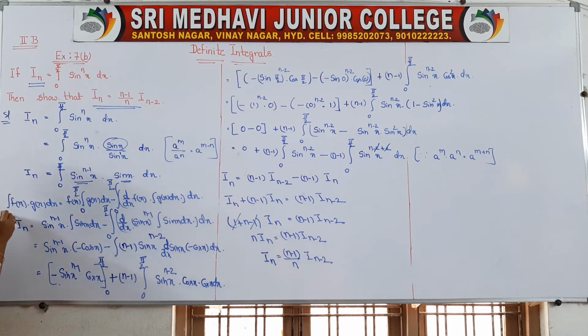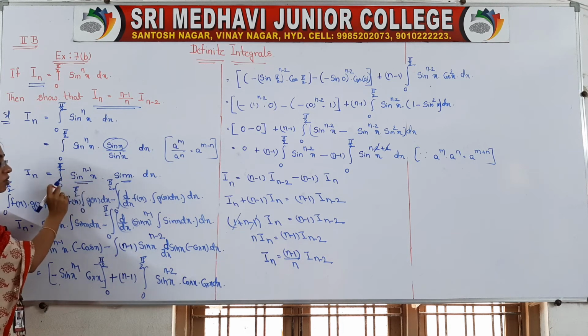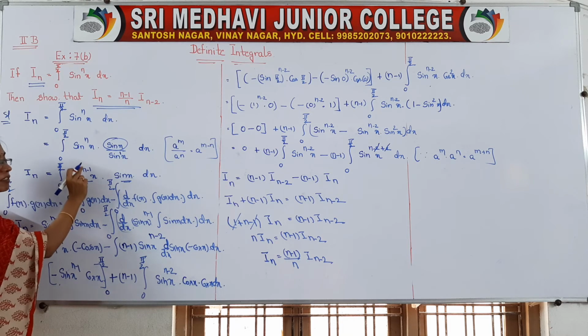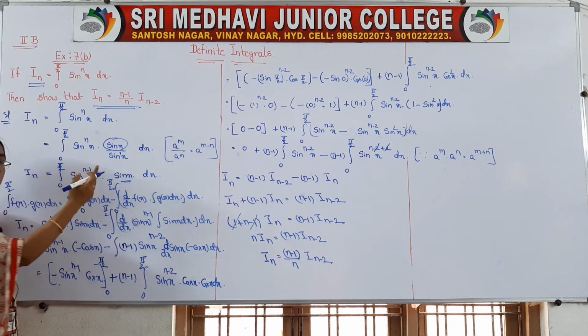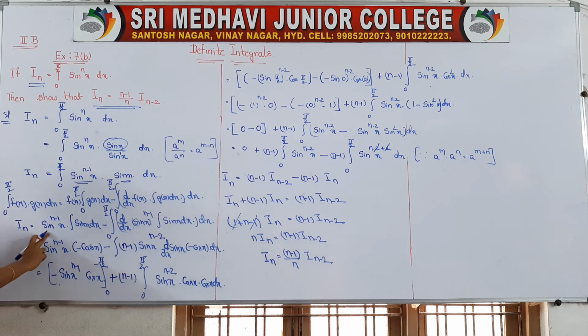Suppose we take for this the limits 0 to pi by 2, it comes like that. Therefore your formula, we have taken this as I_n is equal to integral 0 to pi by 2 sin to the power of n minus 1 x into sin x dx. So same thing we are getting here.